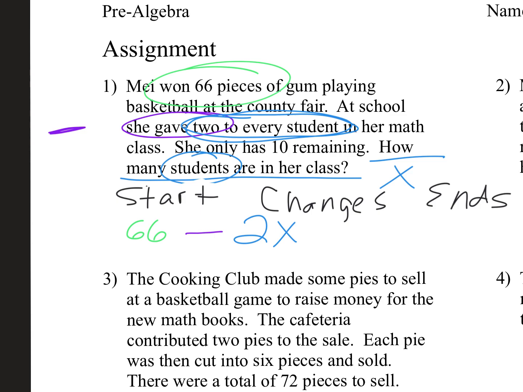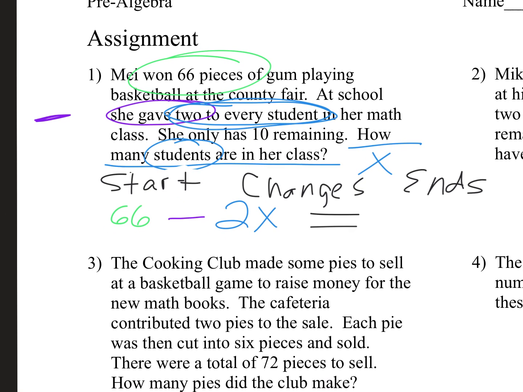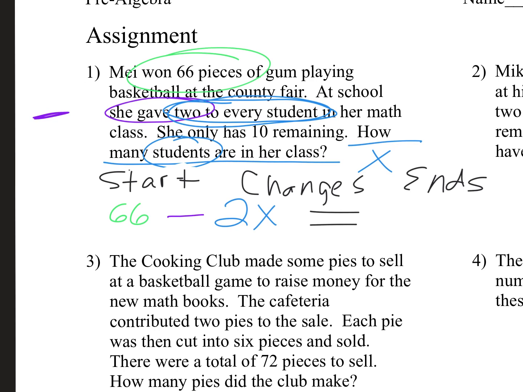And then it equals, so where exactly does this situation end up? She has 10 remaining. So she started with 66, we took away 2 per kid in her class, which means that she has 10 left over. So this equation, if we translate it into math symbols, is going to be 66 minus 2x is equal to 10.